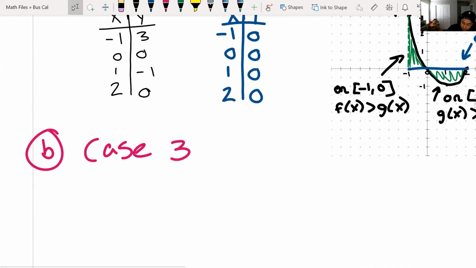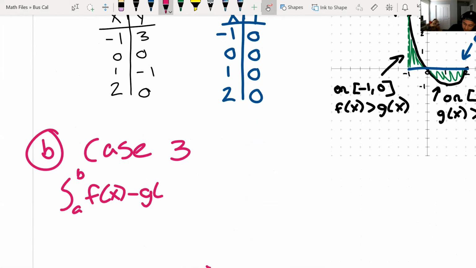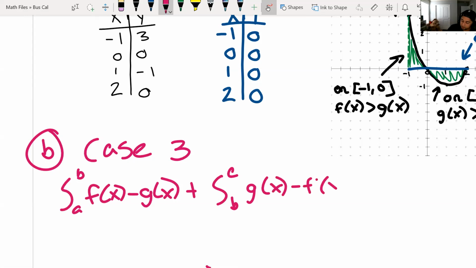Which means that we are going to use the integral from a to b of f of x minus g of x plus the integral from b to c of g of x minus f of x dx.